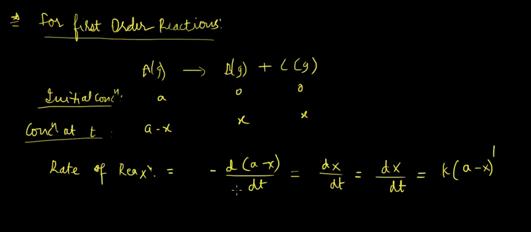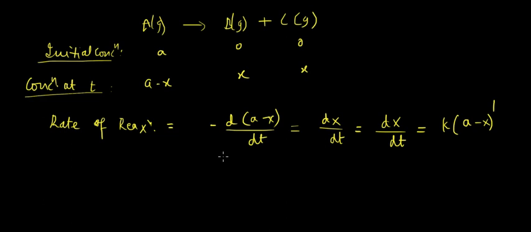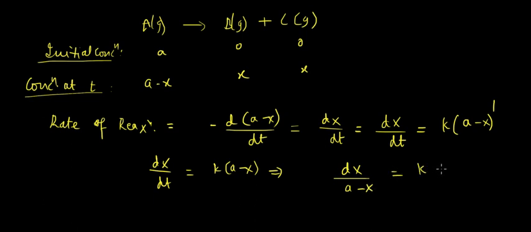So we can see from here that if we open up this differential form, it would be dx by dt, which would be equal to k into (a minus x). So this implies dx upon (a minus x) would be equal to k dt.